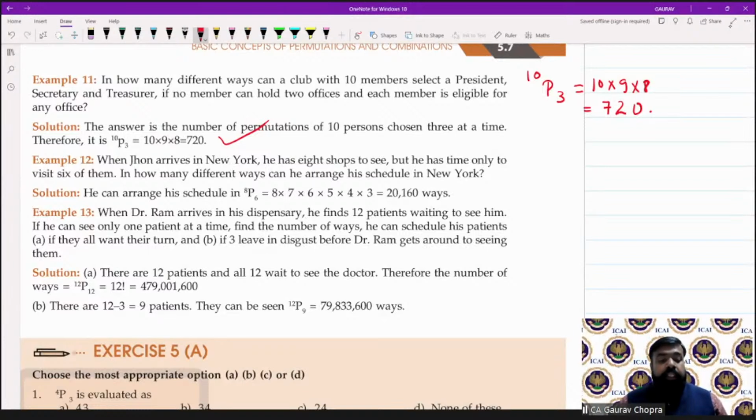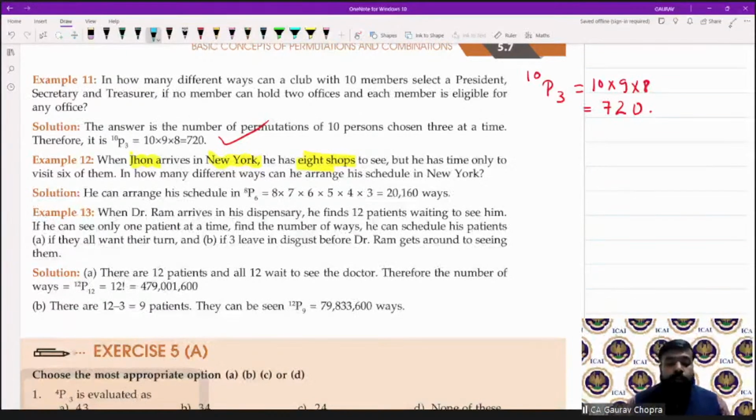Example 12. When John arrives in New York, he has 8 shops to see. So John is visiting New York and he wants to visit 8 shops. But he has time only to visit 6 of them. Due to shortage of time, he can visit only 6. Which 6 he can visit, we don't know. So we see how many possibilities are there.